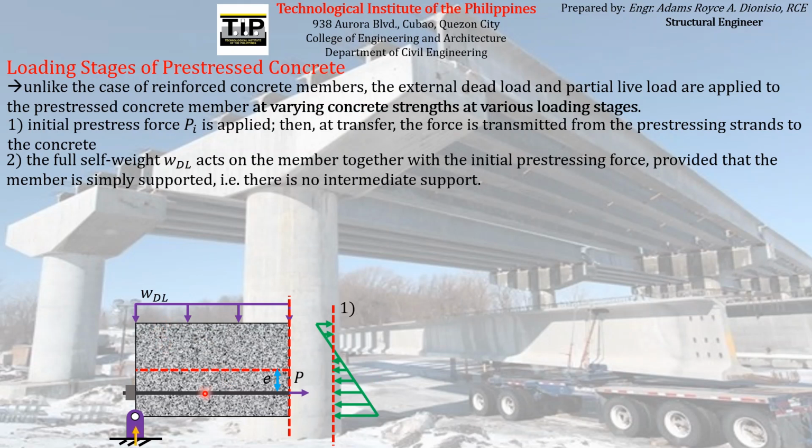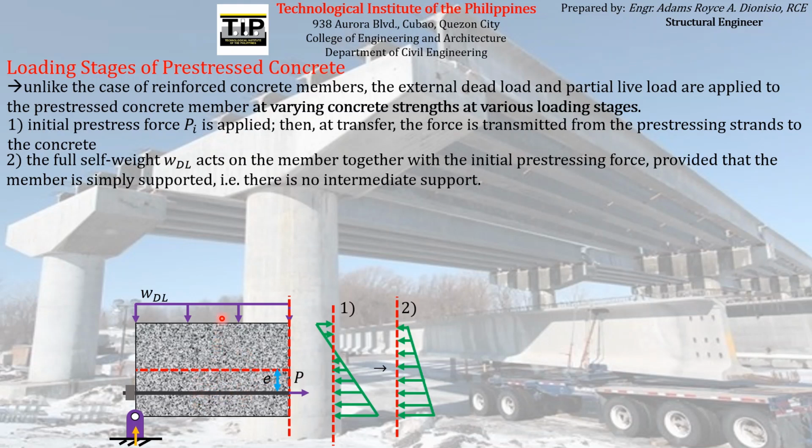If you investigate the total stresses that now act on the concrete element after it has supported its own weight, the stress diagram will look something like this. As the self-weight is carried by the concrete element, it produces flexural stresses, which are compressive at the upper portion and tensile at the lower portion of the concrete.